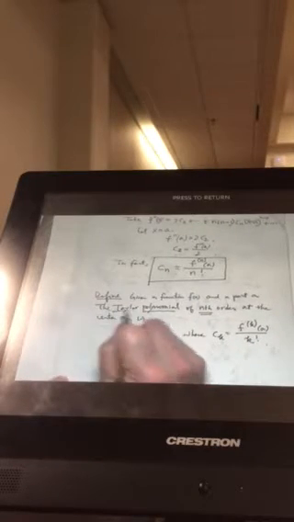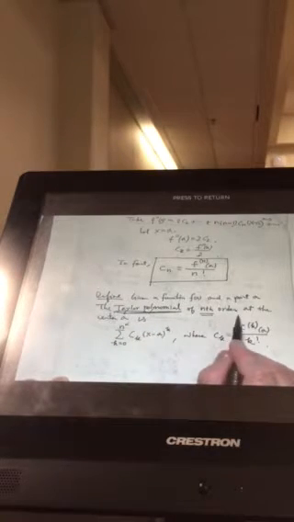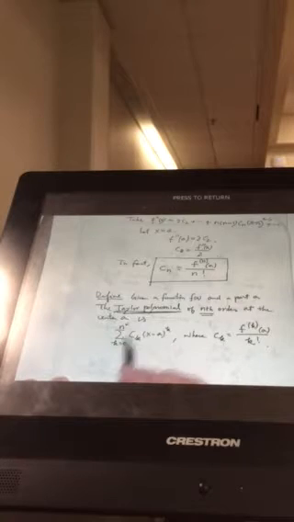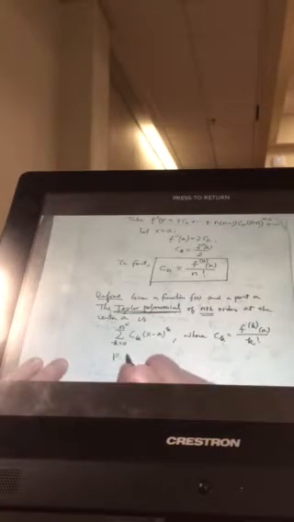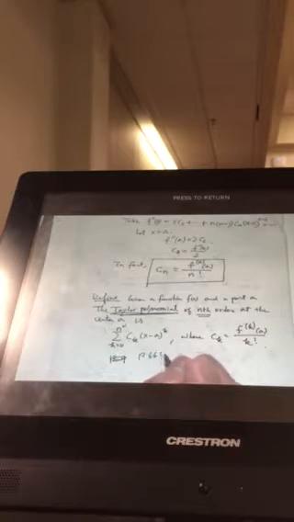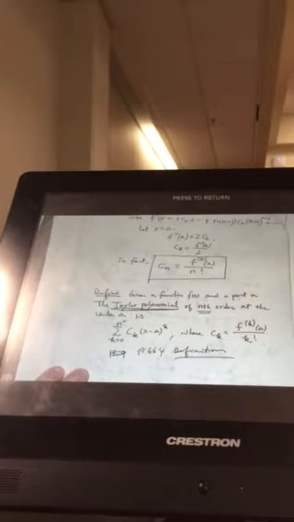This is called the Taylor polynomial of nth order at the center a, given by this, where ck is equal to this. This is on page 664. That's the definition. If you have the book, you can look at page 664.